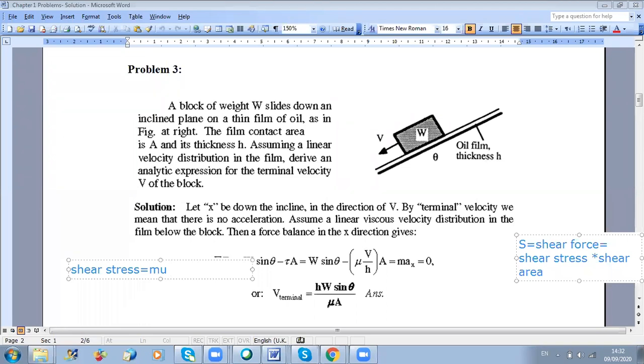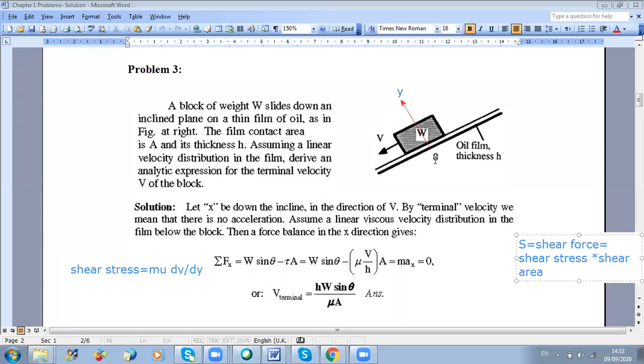So in general, you put del u or del v, let's say, del v by del y. Okay. It's V over H. Yes, very good. So if we look at our figure, this is our y-axis, and we have variation of velocity along this direction.